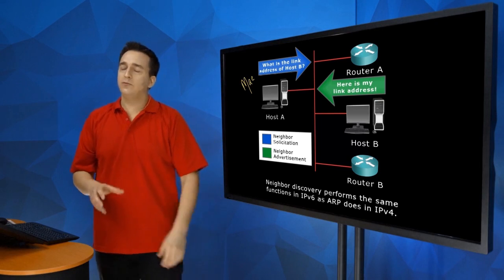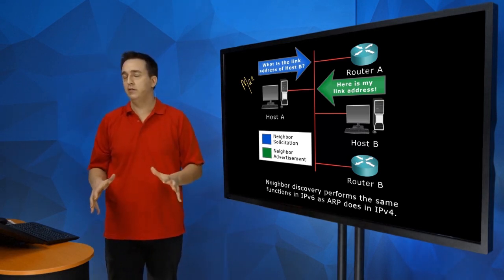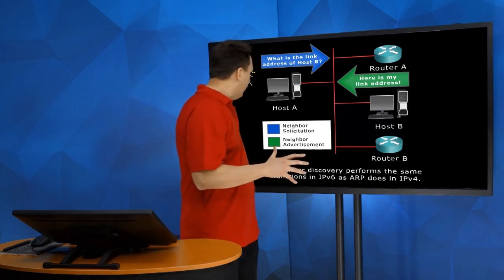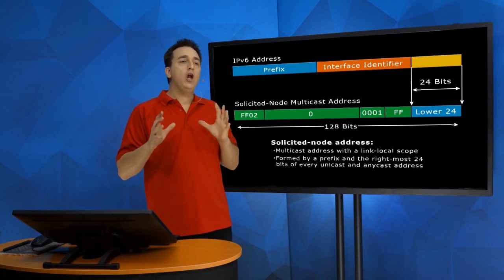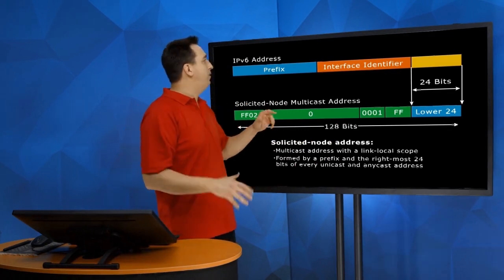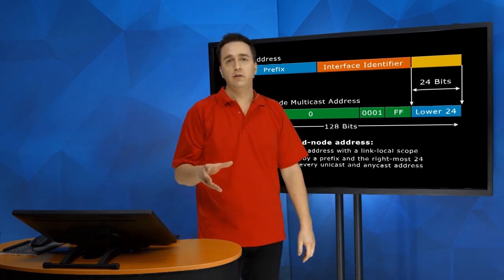So let's really understand how the addressing works here. This is really complicated, but it's the way it's designed. So we know the IPv6 address of who we're trying to talk to. Why?